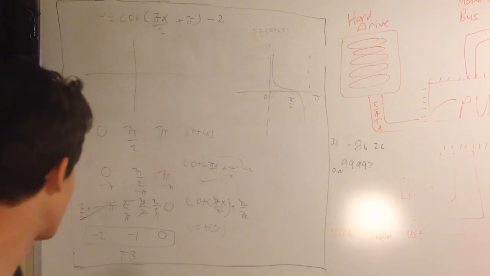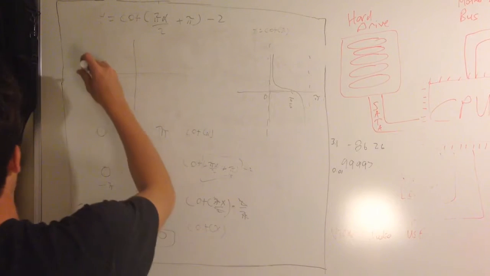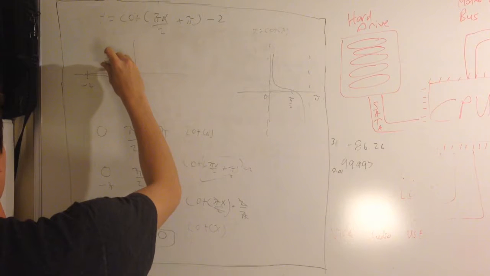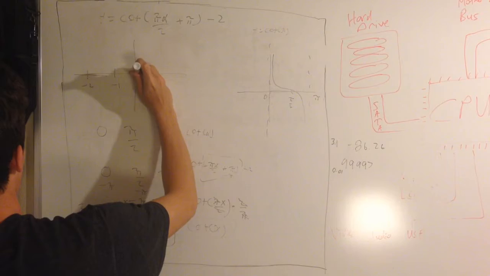So let's take our tremendous 3 points and put them on this graph. We'll put right here negative 2, and negative 1, and then right here we're going to put 0.